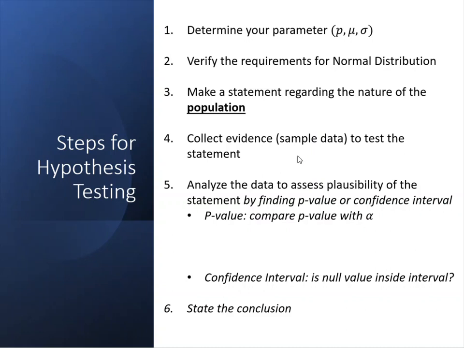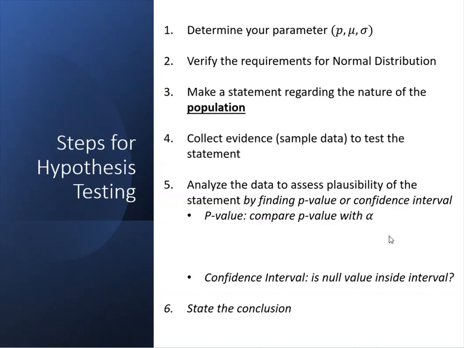You collect the evidence, in other words, you sample, and then we know we analyze the data. Now, how do I go about analyzing that data? That's what we're adding. We will be doing it here by finding our p-value. You might also see it by using a confidence interval.